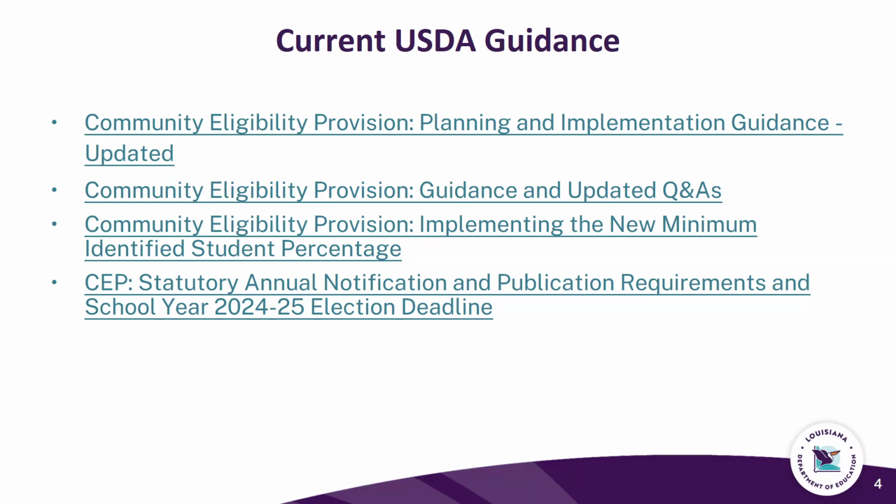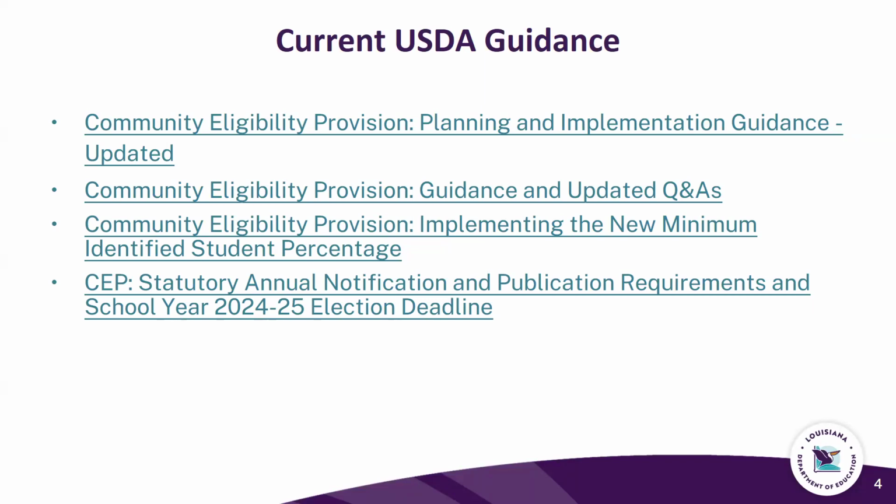The first one, Community Eligibility Provision Planning and Implementation Guidance, was updated in February, and that replaces the 2016 version. It is linked on this slide, so you can click on it once the slides are posted. The second one, the Community Eligibility Provisions Guidance and Updated Q&As, also was released in February of 2024.